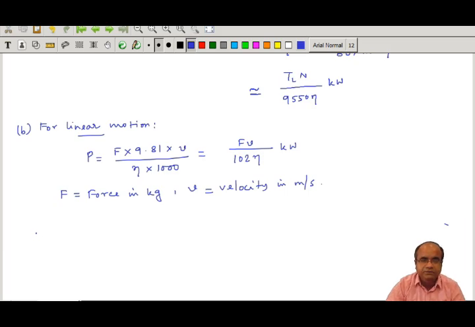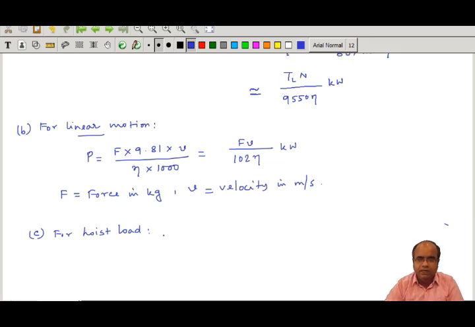Now C, for hoist load. This is same as the linear motion, but the equation will be slightly modified because of the counterweight. Okay, the motor will drive the linear body of the lift as well as the counterweight.